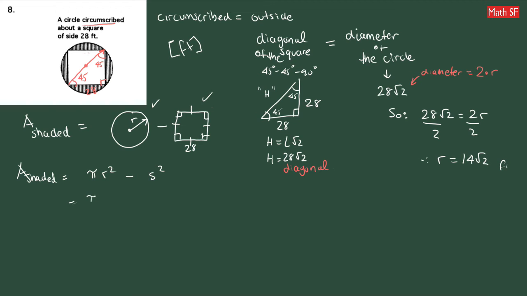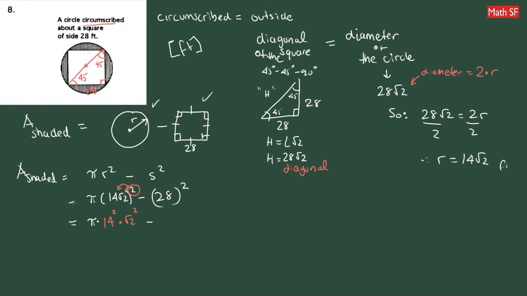Now pi r squared, r which we just found out is 14 root 2, squared, minus s, which is 28, squared. Now be careful here. I still have my pi times, but this is squared here. Be careful. You have to distribute the square to each of them. So I'm going to write here in red so you are very aware of that: times the square root of 2, squared, minus 28 squared. I can do that in my calculator.